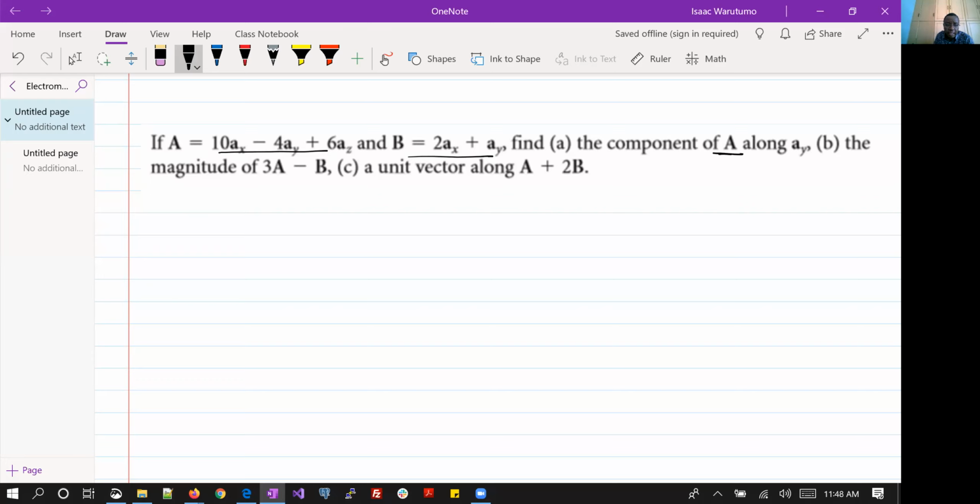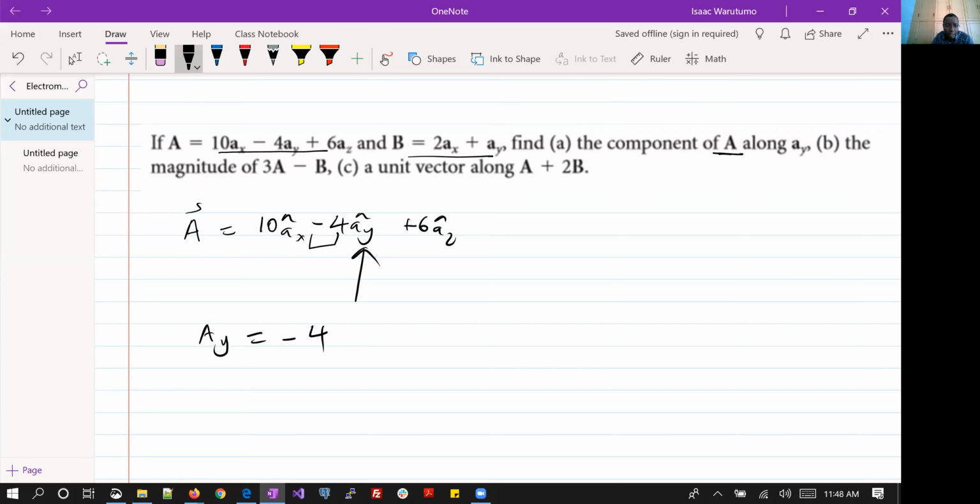You're told that vector A is given by 10AX minus 4AY plus 6AZ. So if you are asked to find the component of A along AY, you just pick the unit vector AY and you identify that it is equal to minus 4. That is straightforward. You don't have to think about it. Just pick the scalar of the unit vector AY.